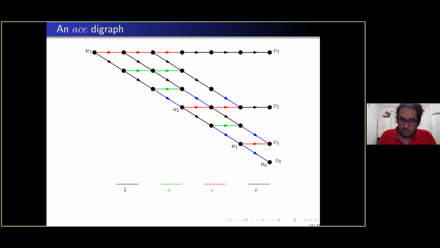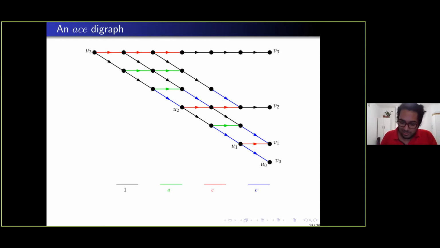Let's say you have a path starting at vertex U3 and ending at vertex V2. Then you define its weight to be the product over all the weights of the edges that you encounter on this path. And you can construct a matrix called the transfer matrix, where the entry n comma k is the weighted sum over all paths from source n to sink k.